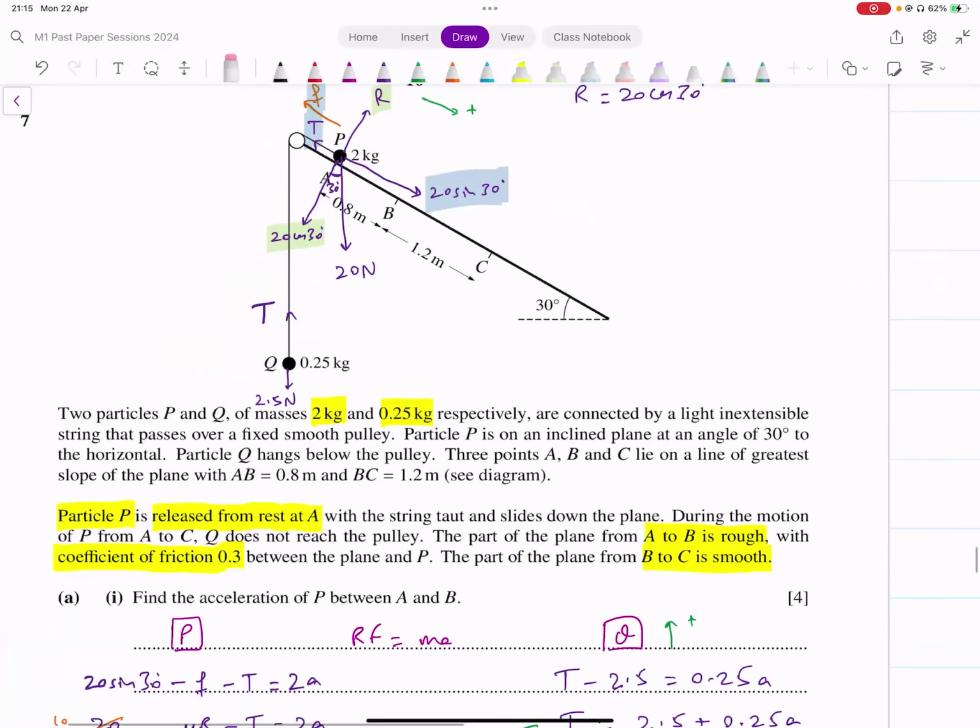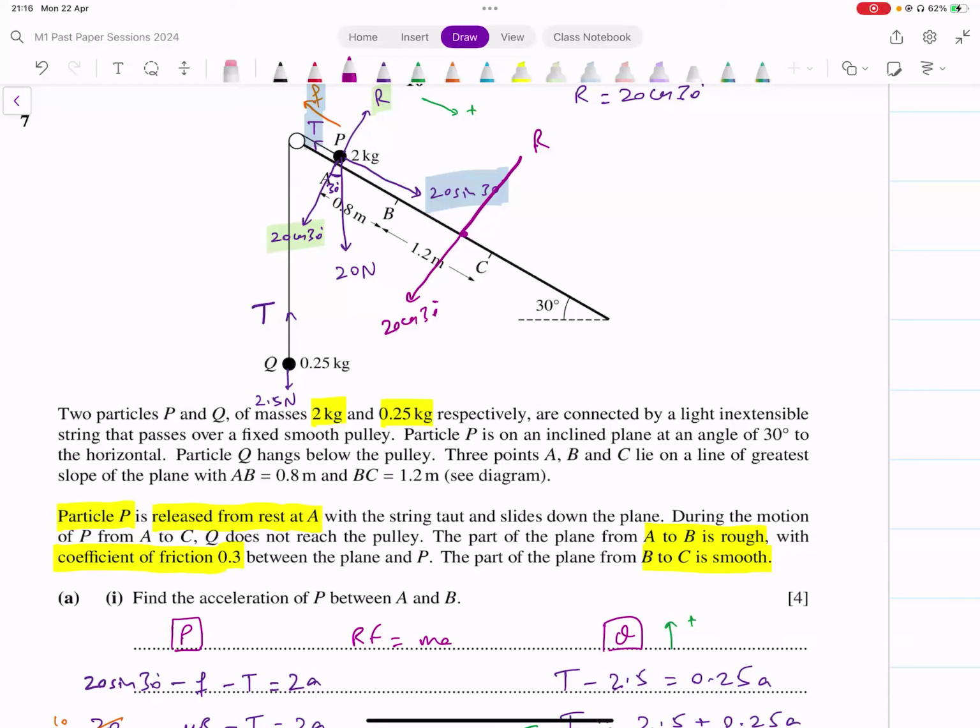Okay, so now we need to calculate the acceleration from B to C part. How do you do that? You'll have to think of all the forces acting on the particle when it comes here between B and C. What are the forces acting at this point? Now, perpendicular forces are the same as before. We've got reaction here. We've got 20 cos 30 here.